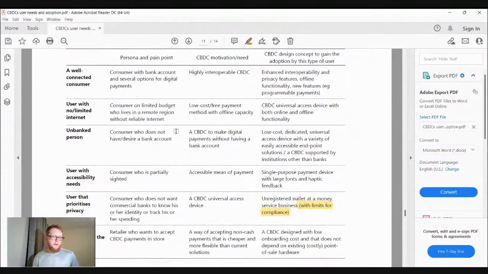So they break this down into 6 different stories, right? So you have well-connected consumers, who they're saying is a consumer with a bank account and several options for digital payment. So this is someone who's, I wouldn't even say middle class, I'd say more like anyone who has a bank account.